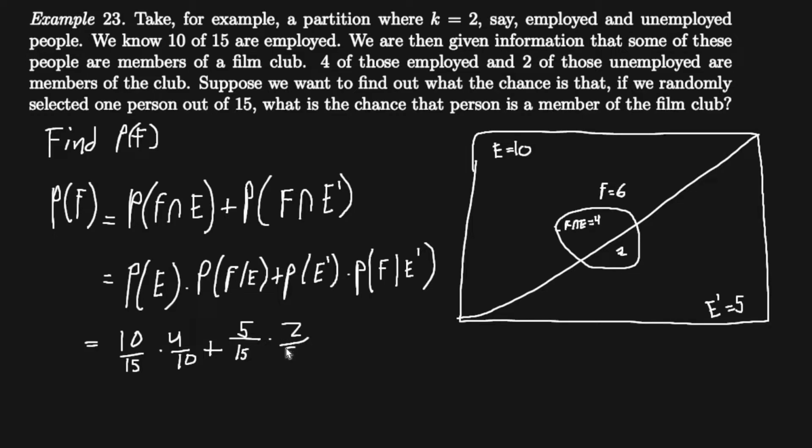Now we can cross multiply, the 10s cross out, and the 5s cross out, leaving us with 4 over 15 plus 2 over 15, which is equal to 6 over 15, which is equal to 2/5, which is equal to 0.40. There we go.